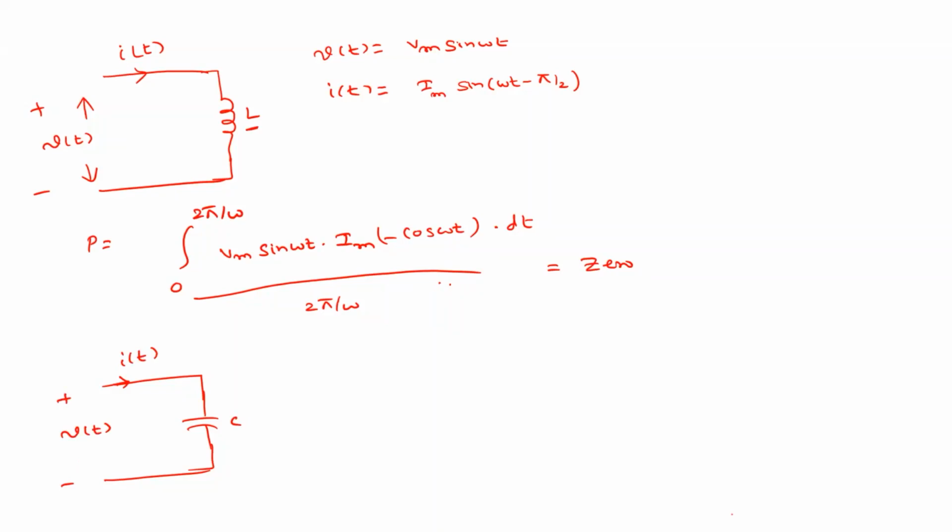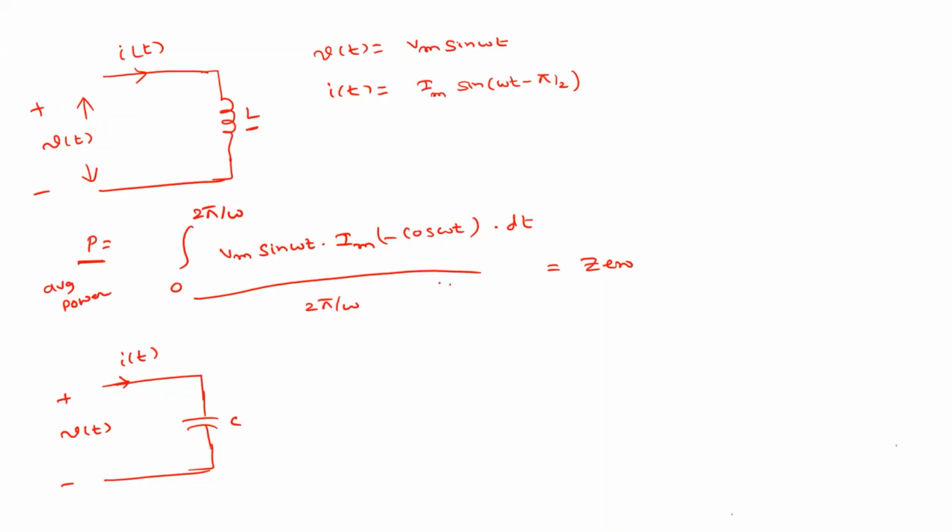This is average power, not instantaneous power. Can we calculate instantaneous power? Yes, we can. If you multiply these two, that gives you the instantaneous power. So what is the instantaneous power?